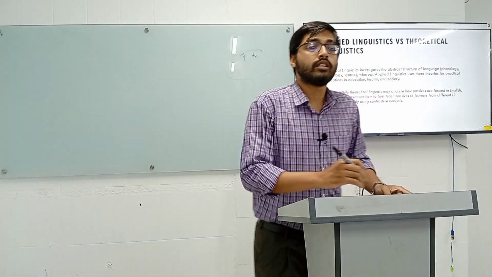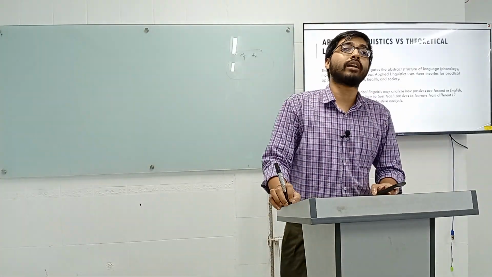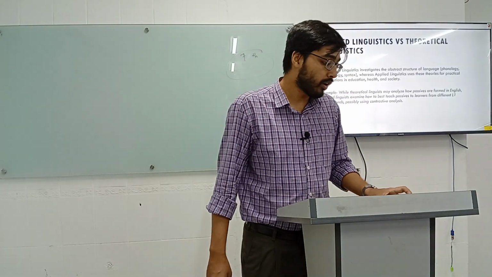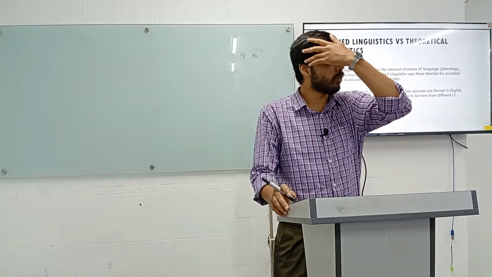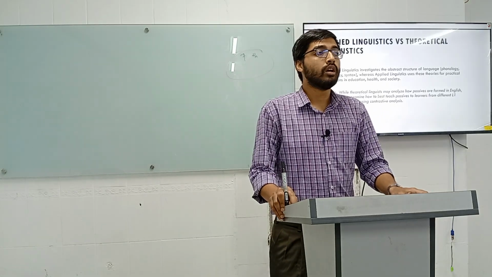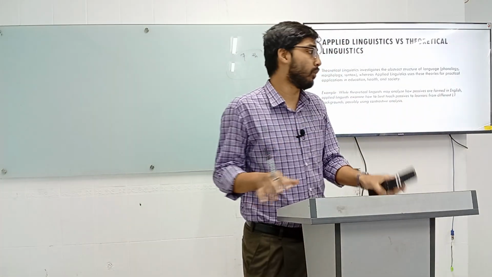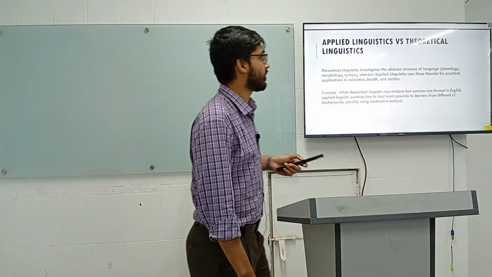That means theoretical linguists basically introduce theories, and then applied linguists, based on those theories, try to find out the ways of how we should implement those theories in the real world situation. So that's the basic difference between applied linguistics and theoretical linguistics.